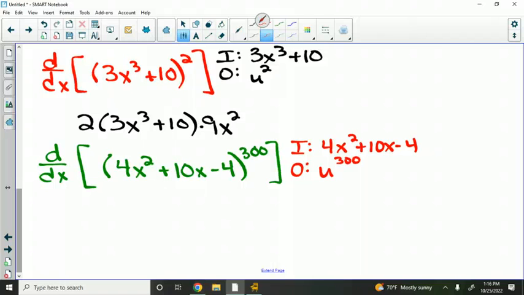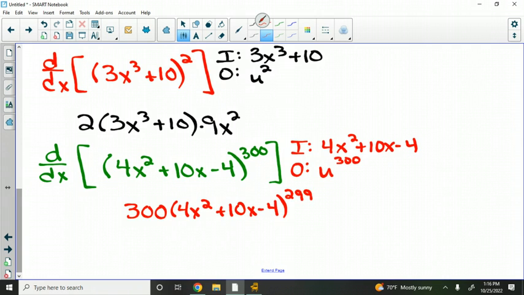Okay, so we take the derivative of the outer. So we bring the 300 down, keep the inner, and then to the 299th power times the derivative of the inner. So that's going to be 8x plus 10.